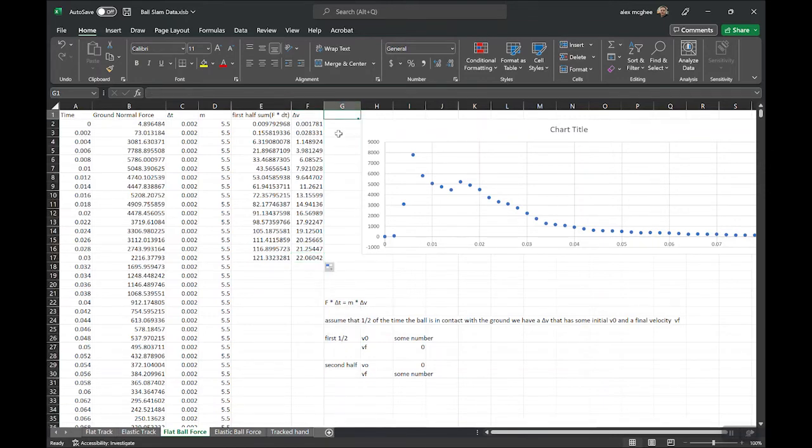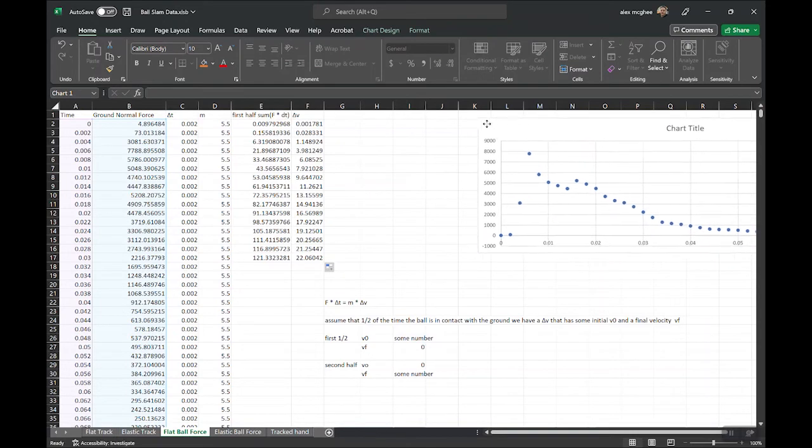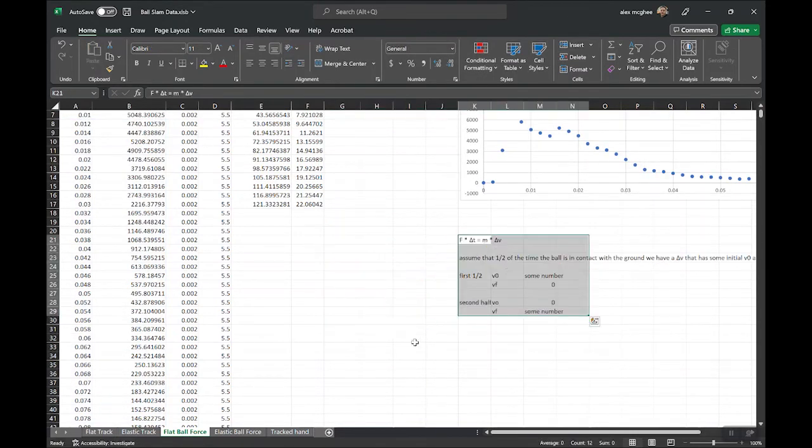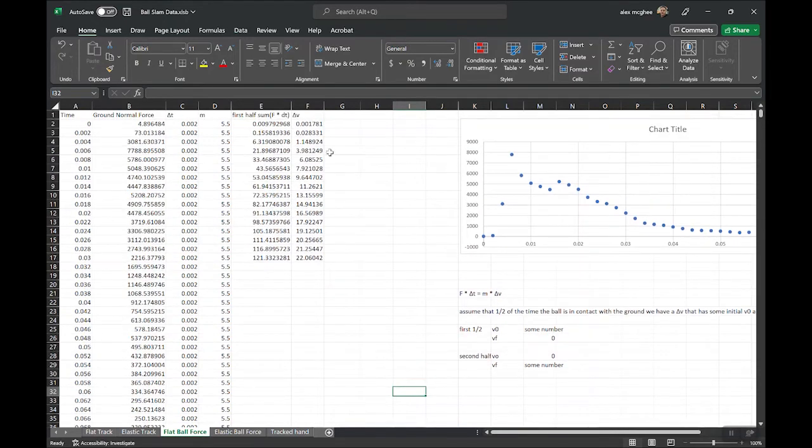Okay, now let's look at the other side. We've got to take this over, and we're looking at the same deal over here. So this is F dt, and then we add what's above it.